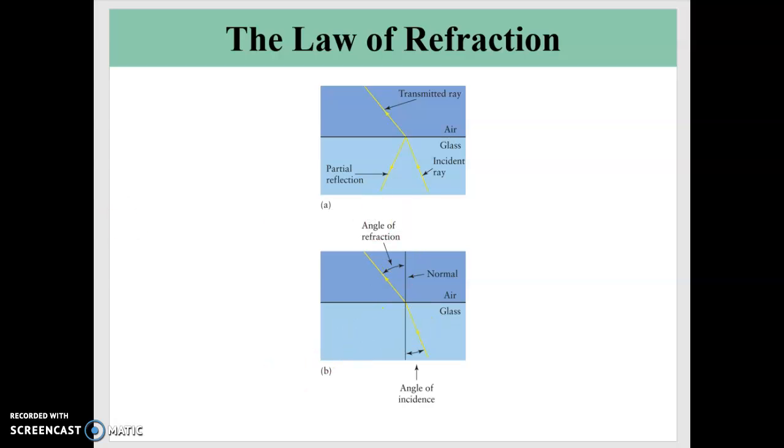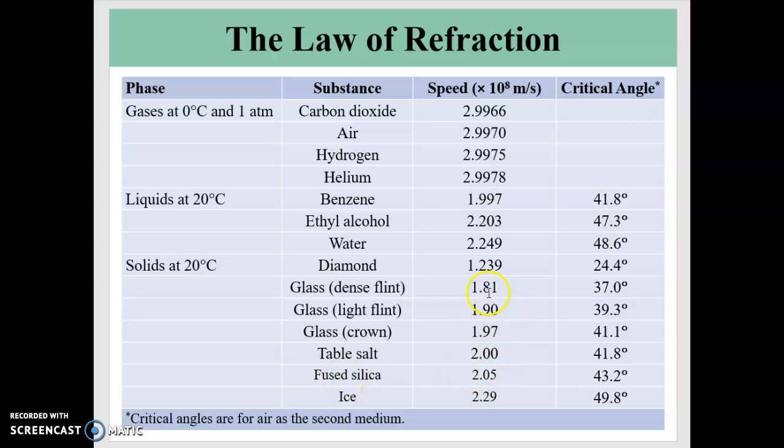That number is found by taking the speed of light and dividing it by the experimental speed in the medium, so that you always get a ratio larger than 1. In air, we typically take that speed to be the same as the speed of light, so air does not really slow down light propagation at all. As far as the light is concerned, it doesn't really notice the air very much.